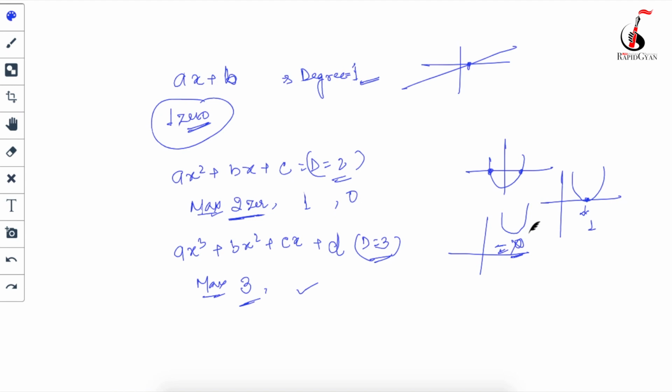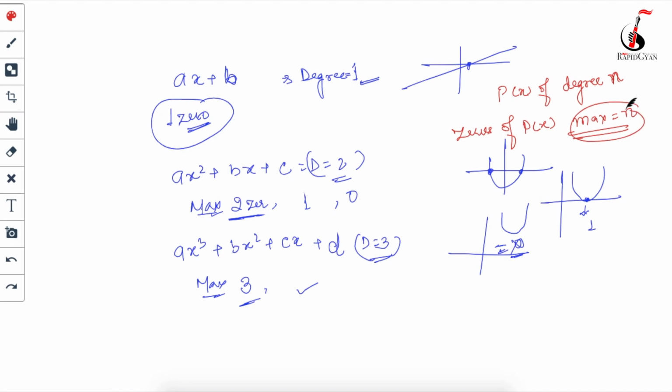So our observation is that if there is a polynomial p(x) of degree n, then the zeros of polynomial p(x) will be maximum n.